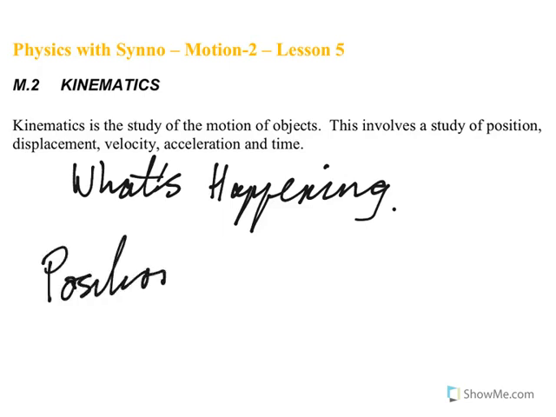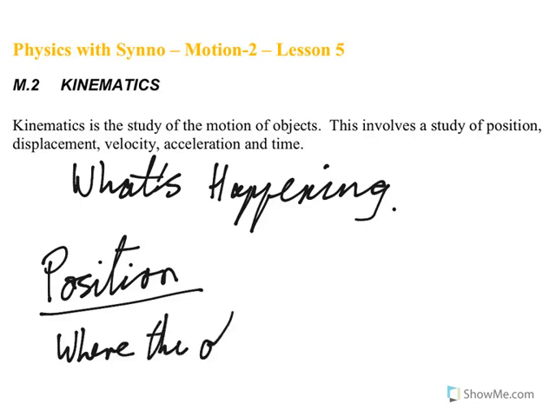Alright, so the first thing is position. So position is, in your notes there, you've got the definition with the missing word. So position of an object tells us where the object is located.